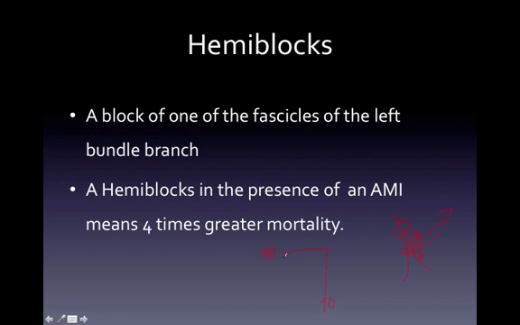I'll kind of explain this. On a right axis deviation, which is positive 90 to positive 180, if you're at 91 degrees to lead 2's perspective at a 60-degree camera shot, positive electrode, it's going to look above the isoelectric line. At 120 degrees, it'll probably look biphasic, equal distance above and below. At 179 degrees, it will have a negative presentation.